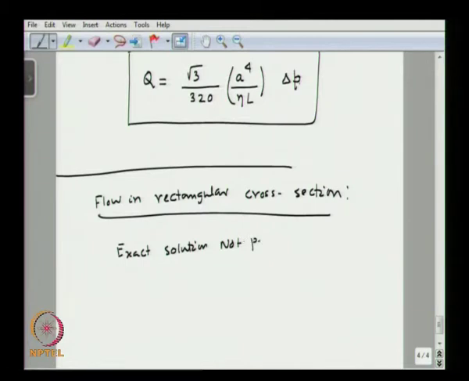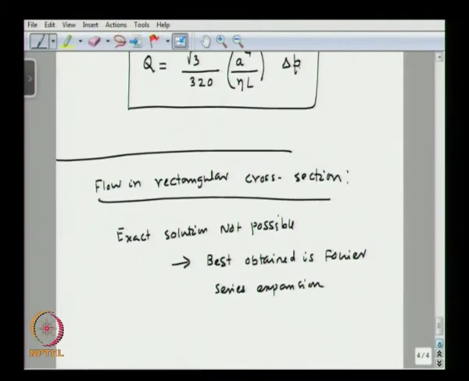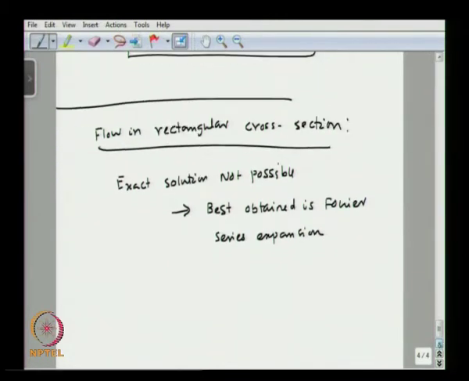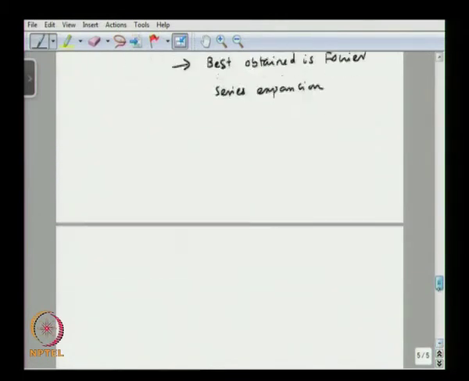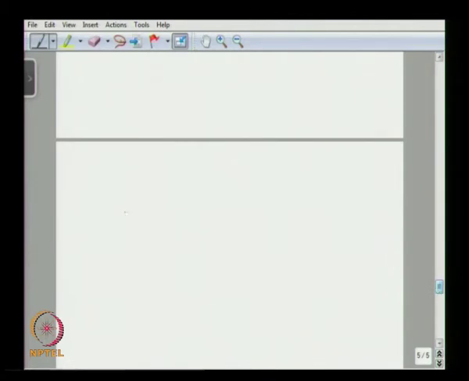The best obtained is a Fourier series expansion. So, let us look at a rectangular channel. Let us draw a rectangular channel here.